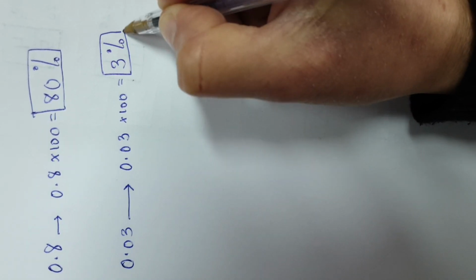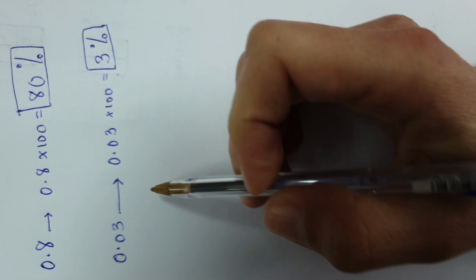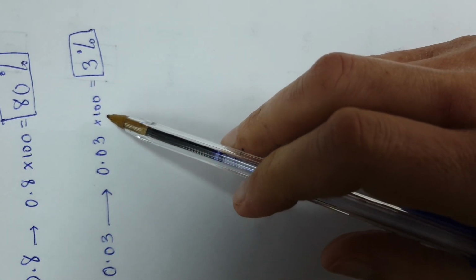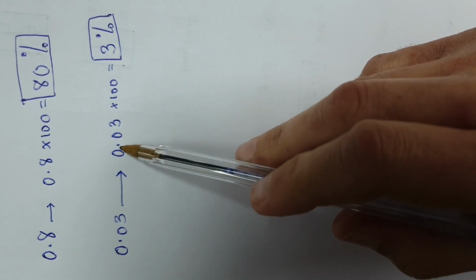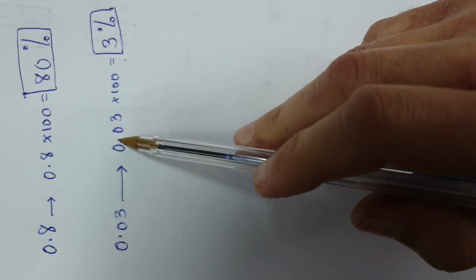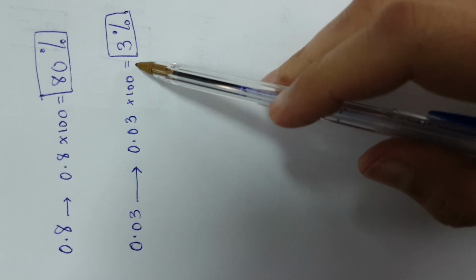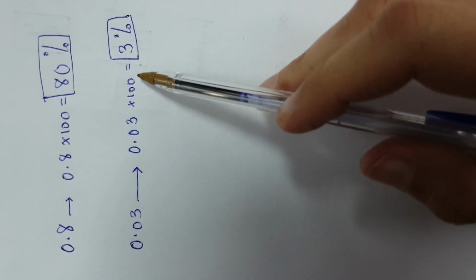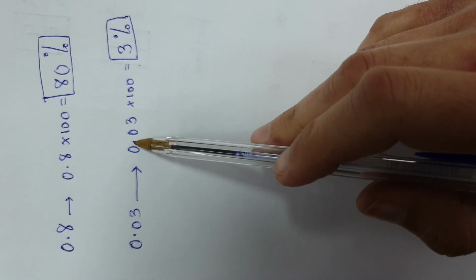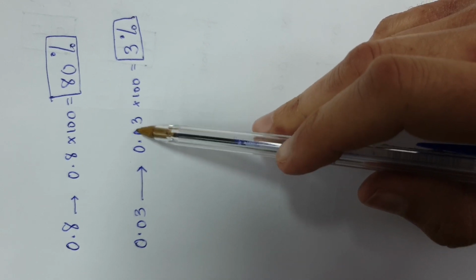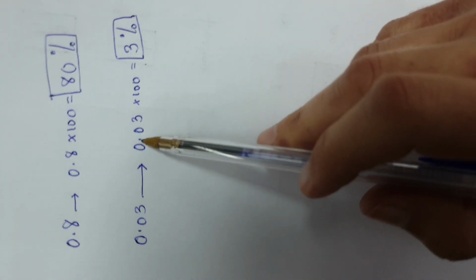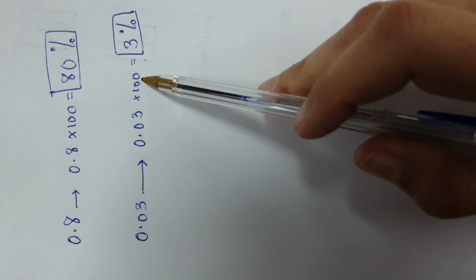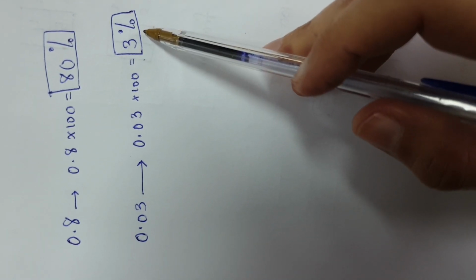If you have forgotten how we multiply by a multiple of 10, the number of spaces the point moves is equal to the number of zeros. This is the easy way. So my decimal point here has to jump 2 spaces forwards or to the right. So 0.03 multiplied by 100 will give me 3%.